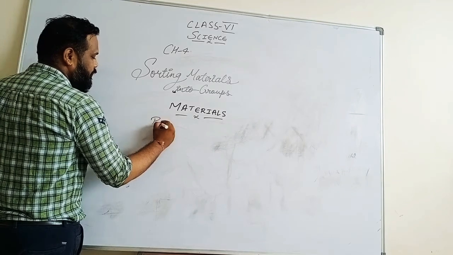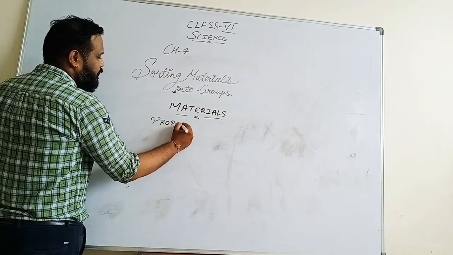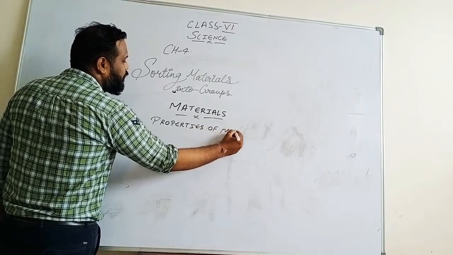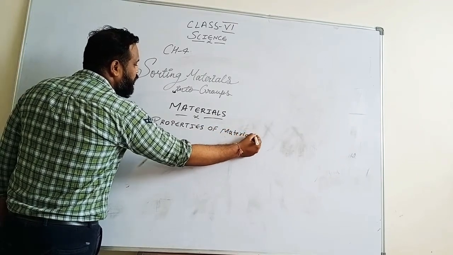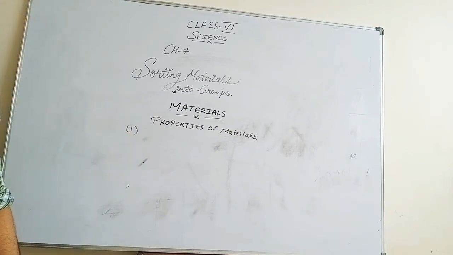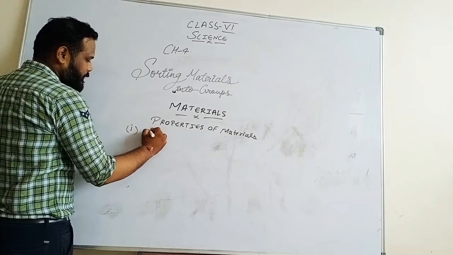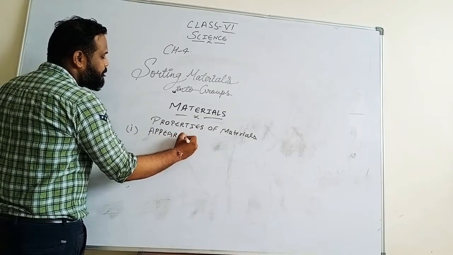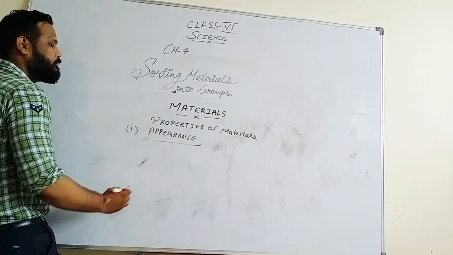The next topic is the properties of material. Properties means the physical behavior, the chemical behavior of materials. Now, properties of material are the basis of classification, students. First of all, we have to take care of the appearance, because a human first of all watches the appearance.